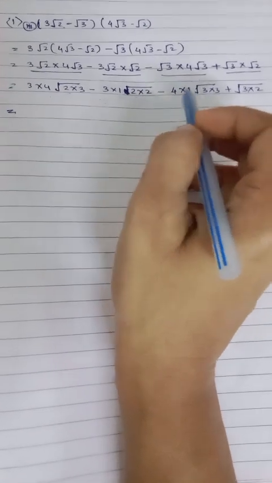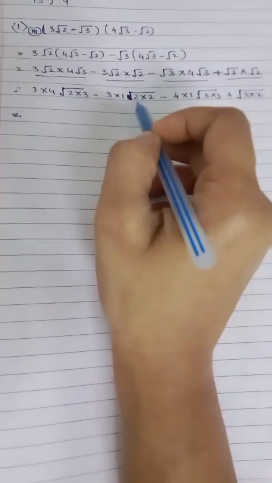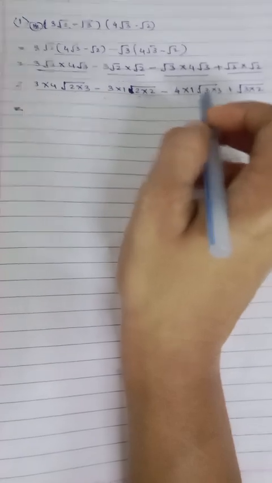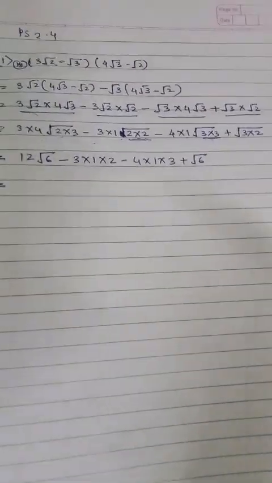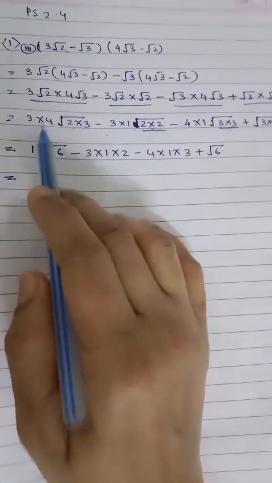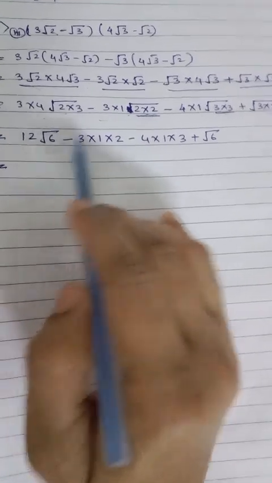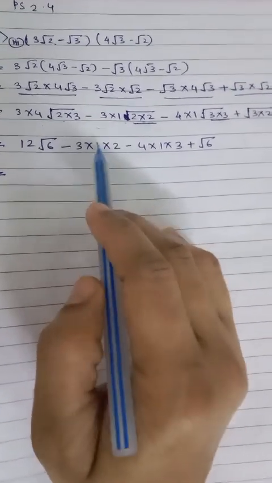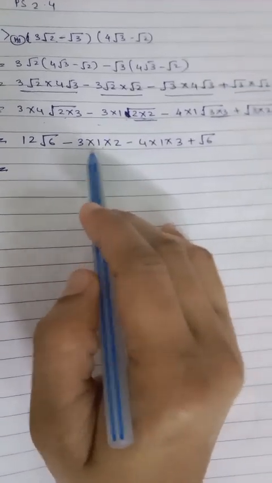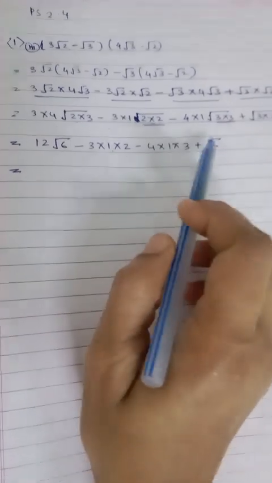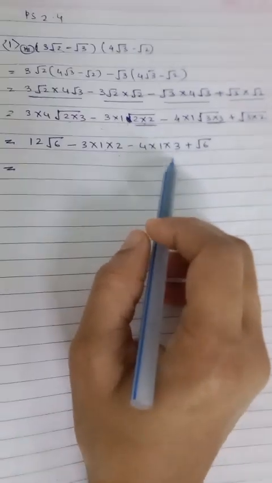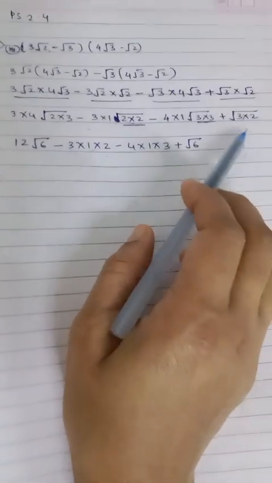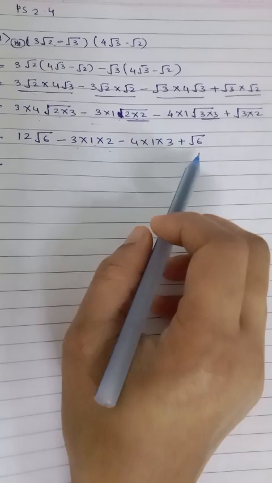Here in the second and third terms I have root 2 in the radical, which I can take outside because a pair of the common number is available. So here I got 3 fours are 12, 3 multiplied by 2 is 6, then 3 multiplied by 1, and when the 2 comes out, it is 3 multiplied by 1 multiplied by 2. Here also the same thing, 4 multiplied by 1, and this 3 comes out and it is in multiplication form. And the last term is 3 multiplied by 2, that is root 6.